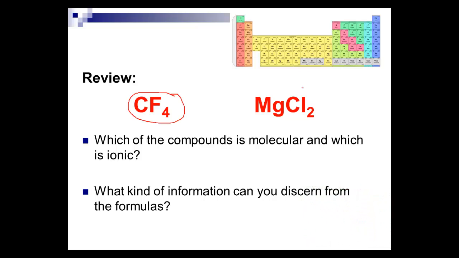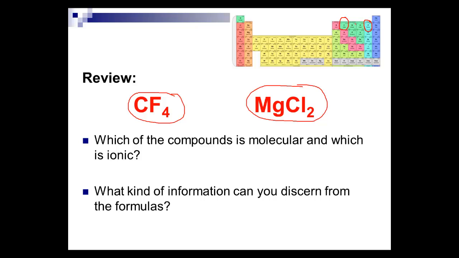Let's take a look at two compounds that are typical of ones that we've seen before. CF4 and MgCl2. So the first question that we should try to refresh our memory on is, which of the compounds is molecular and which is ionic? So CF4, if you look at the periodic table, here's carbon right up here, and there's fluorine right there.